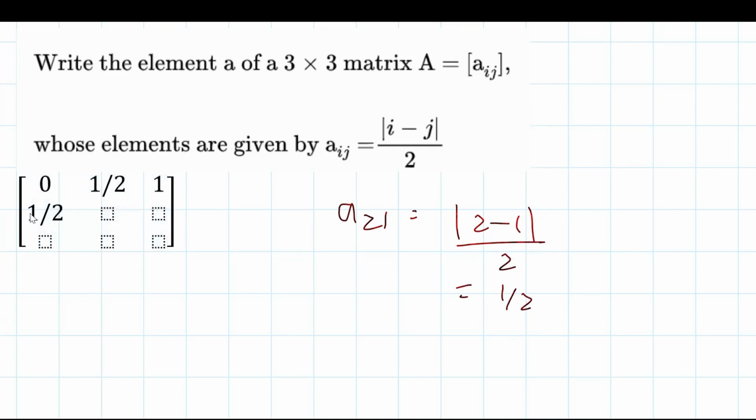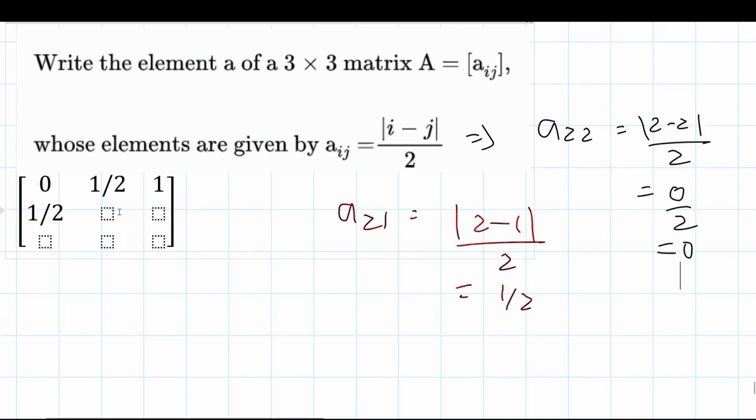Now the next, this is on the second row and second column. Clearly here also we replace i with 2 and j with 2. So that comes out to be modulus of 2 minus 2 divided by 2. 0 divided by 2 is 0. So this is going to be 0 in this case.